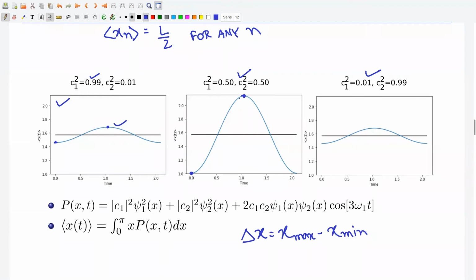Thus, we see that delta x in case 2 is higher than that of case 1 and case 3. So in this case, delta x is low. In this case, delta x is high. And in the third case, delta x is similar to the first case and delta x is low.